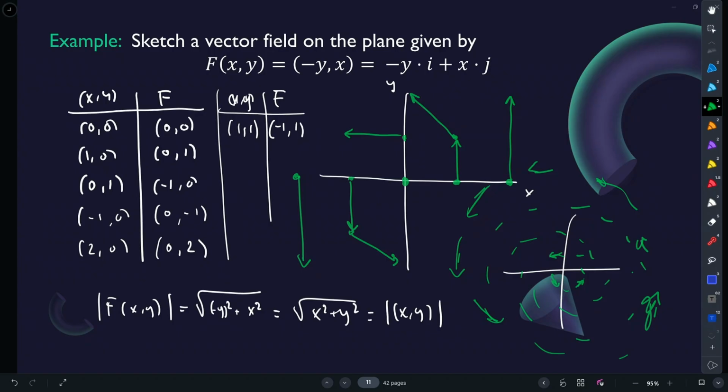It has some magnitude. That's all it's telling me without telling me derivatives. But we'll see in a moment that I'm going to get vector fields from functions by taking derivatives. What if f isn't a derivative? It's a function. It's just a function that for a point is giving me a vector. Okay?